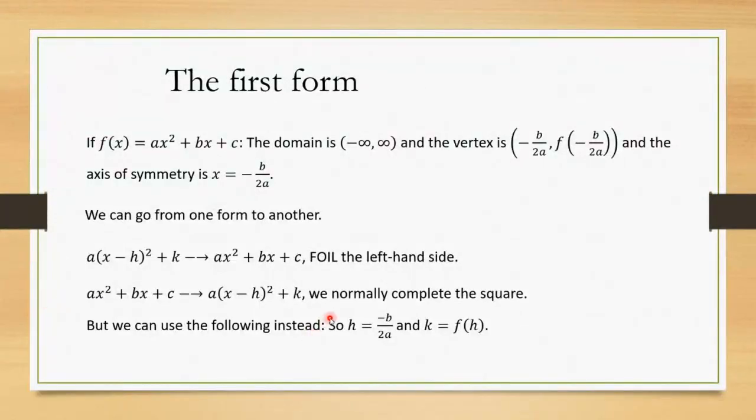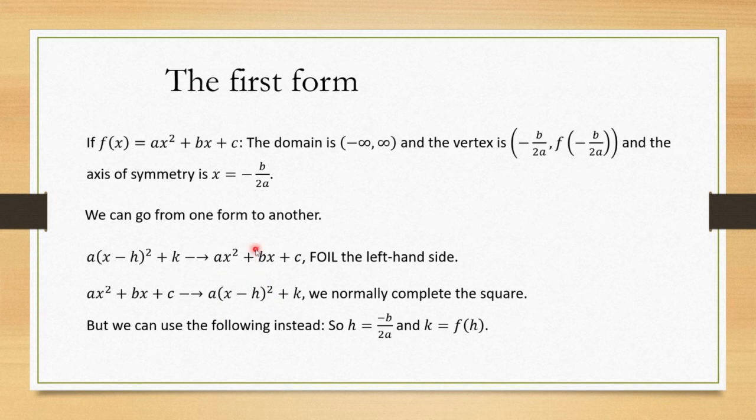It's just for time consideration, I think it's better to skip it. You can actually go from this form to this form by completing the square. It is a nice process. It's a little tedious, but it's useful. But to go from the standard form to this form, that part's easy. You just FOIL. That's all you have to do there.